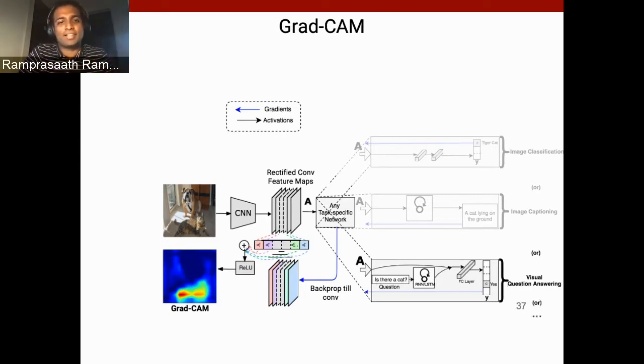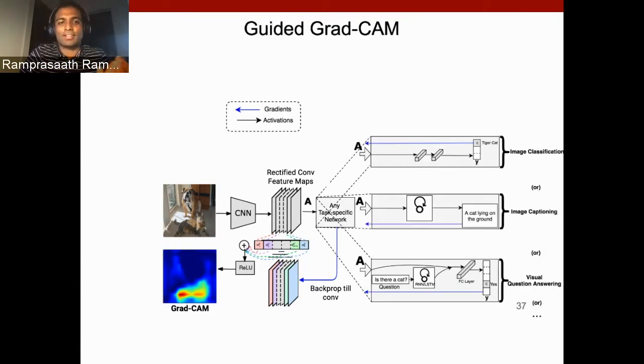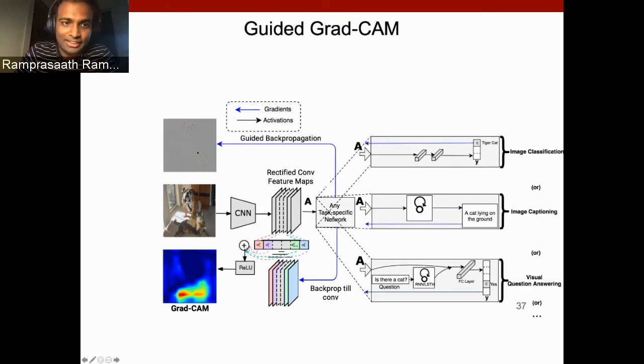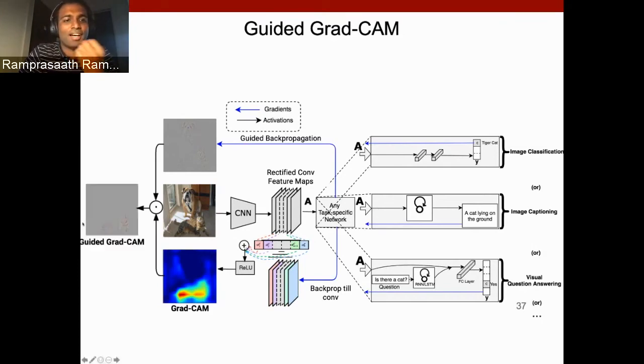There's been this earlier work that we talked about, right? Guided backprop. We saw that it gives you visualizations like these. But we can combine guided backprop with GradCam through a very simple pixel-wise product. It's going to give you a visualization like this.